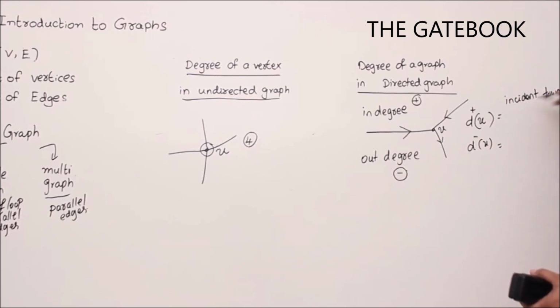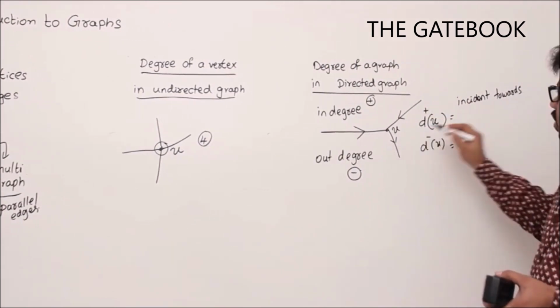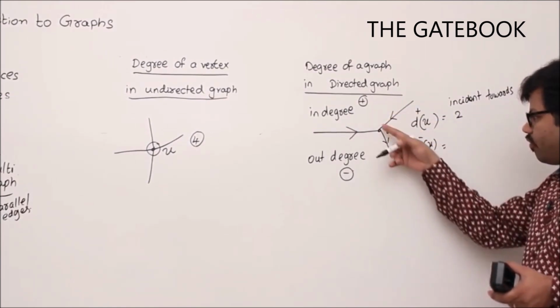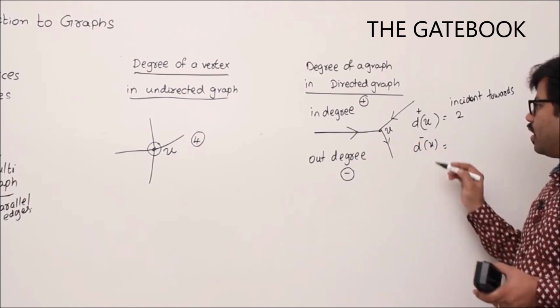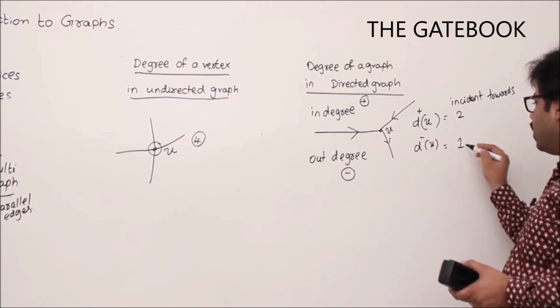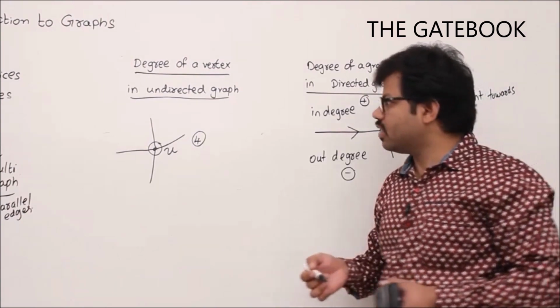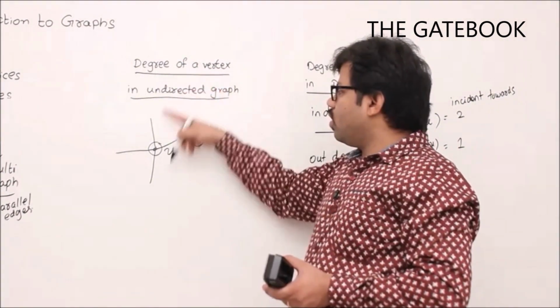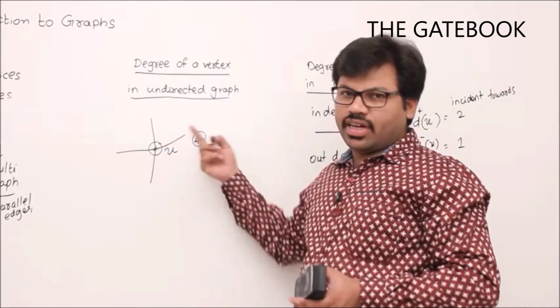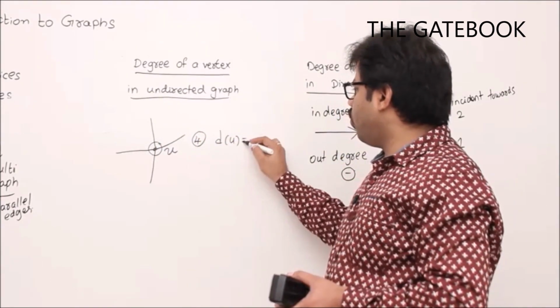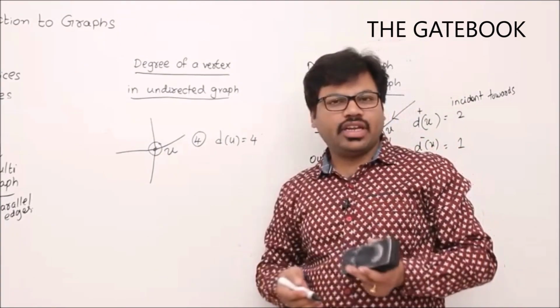That would be how many? 2, right? The number of edges which are incident from u is nothing but out degree. Here out degree is 1. In that way we can define in degree and out degree of any vertex. When it comes to an undirected graph, there is only one degree. That degree, d of u in this problem, is 4. So this is about the degree concept.